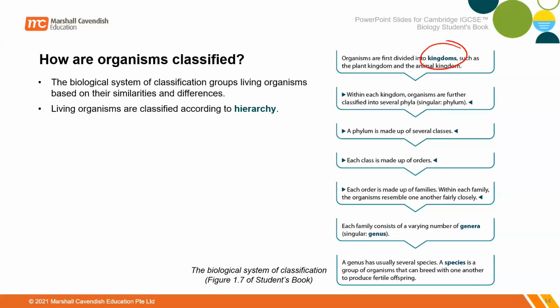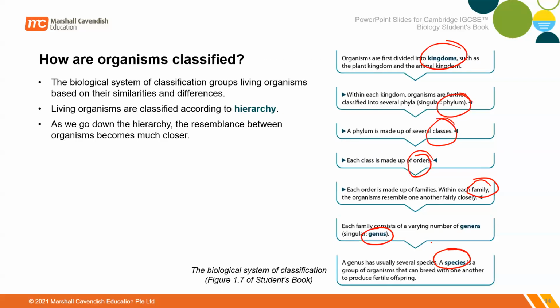Starts with kingdom, then phylum, then each phylum made up of several classes, then each class made up of orders, then family, then genus, and finally species. Honestly, all I want you to know is genus and species, because this is called the binomial system.